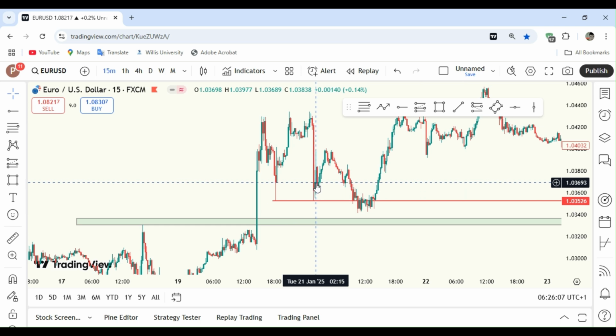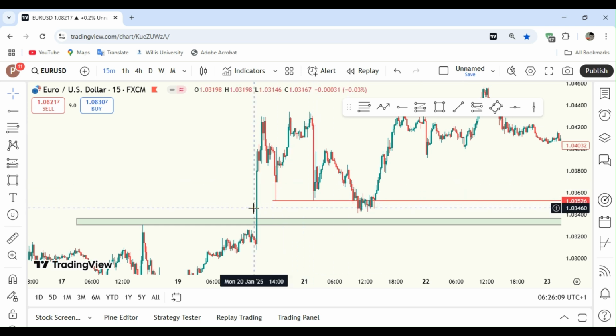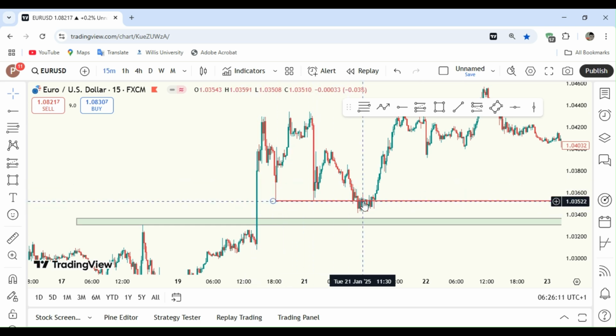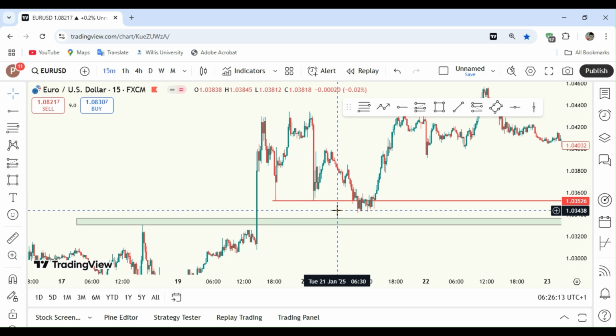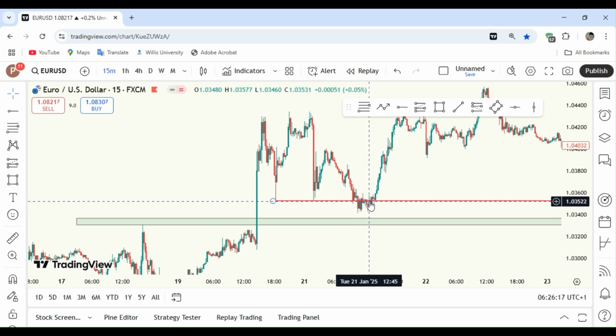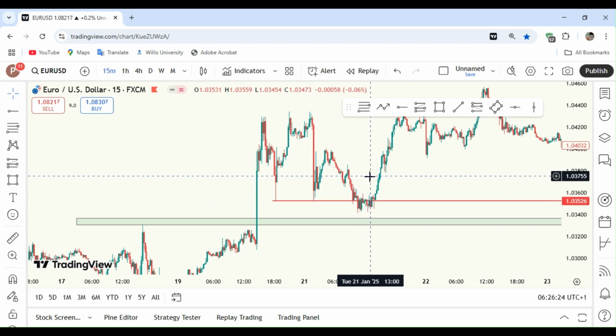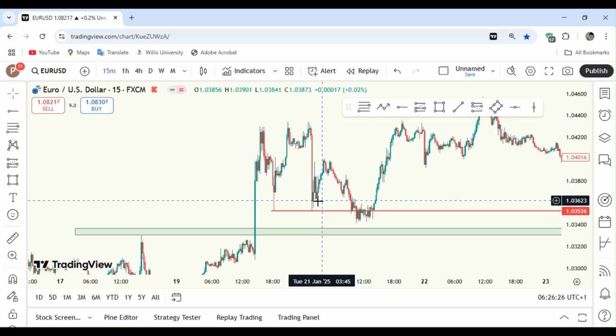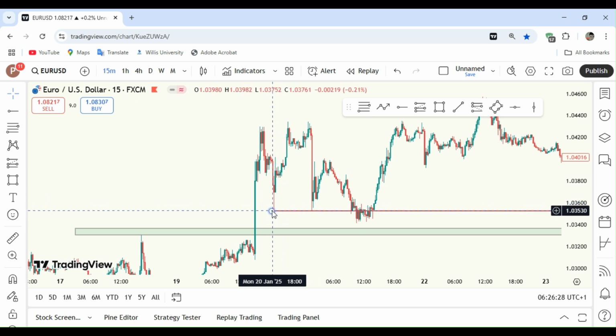Inasmuch as we are still trading above this low, we are still bullish. Market came here and rejected multiple times. This is a very good place to take a buy, because inasmuch as we have not broken this previous low, we are still bullish.